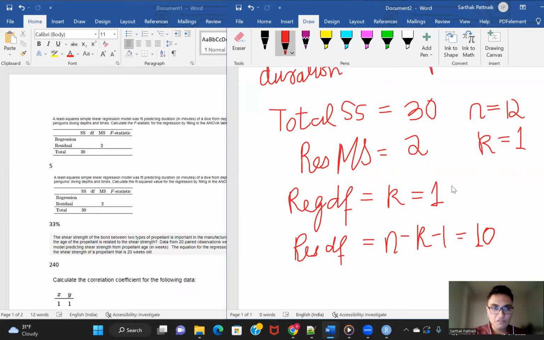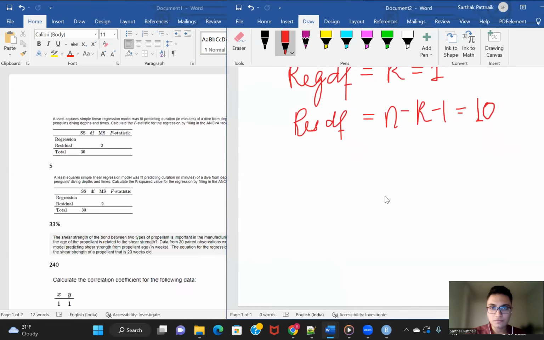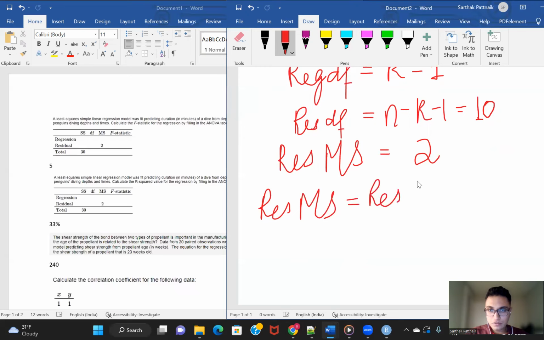Now you have been given the mean square of residual. You know residual mean square is equal to residual sum of squares divided by residual degree of freedom. What is residual sum of squares?